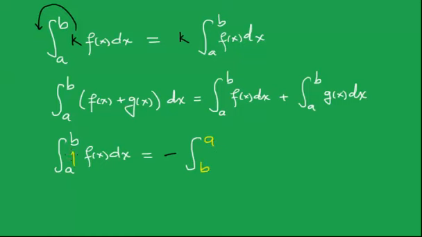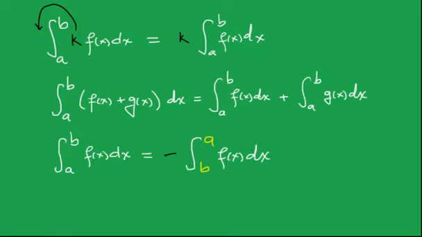So if you flip this limit, make sure you multiply by a negative sign. So the integral from a to b of f of x dx is equal to negative the integral from b to a of f of x dx.